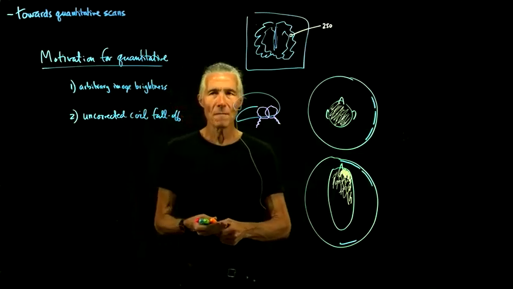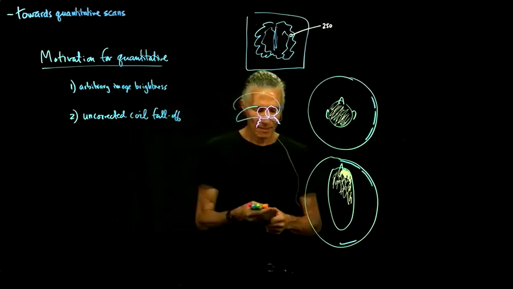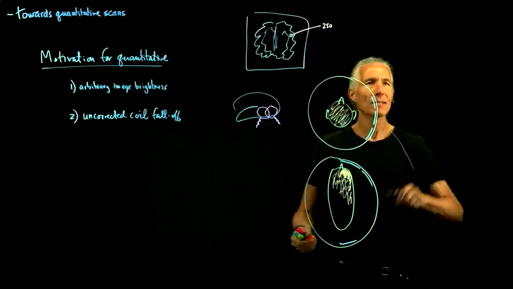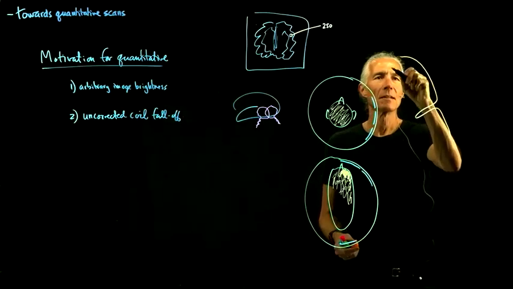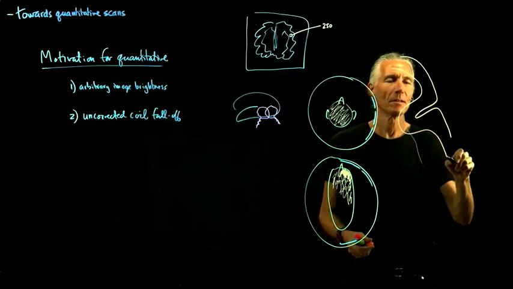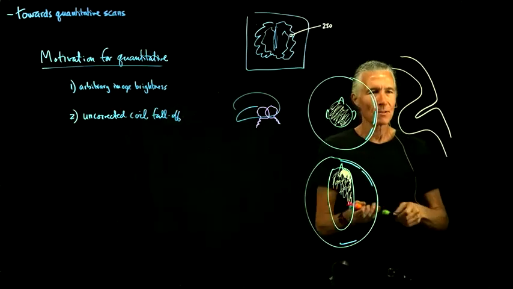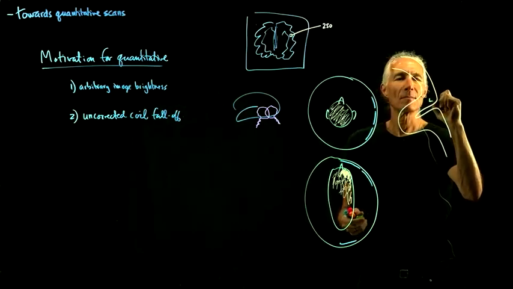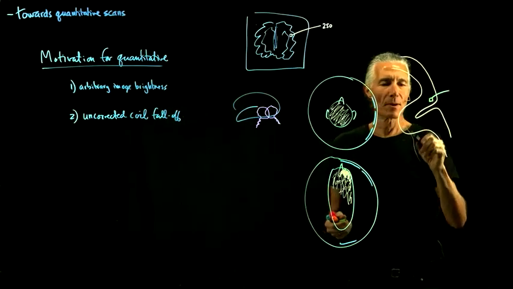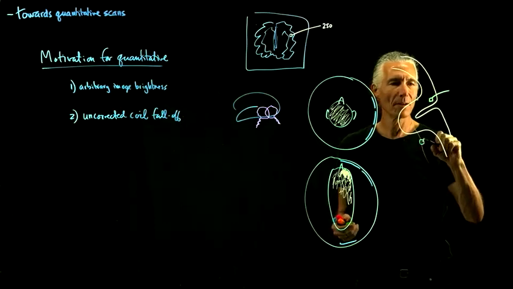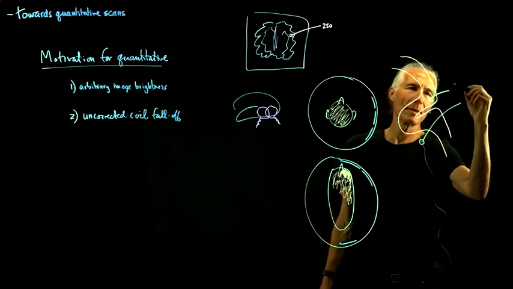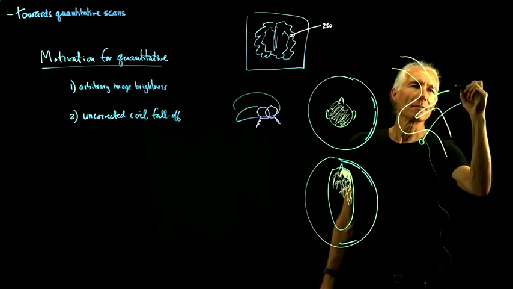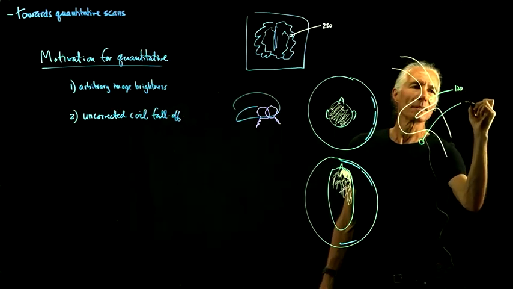But let's also just talk about what kind of differences we're actually interested in. If you look at the gray matter versus the white matter, if you take a voxel somewhere in the gray matter and compare that to a voxel somewhere in the white matter, a typical number might be, say, something like 120, and then this guy might be, say, 135.